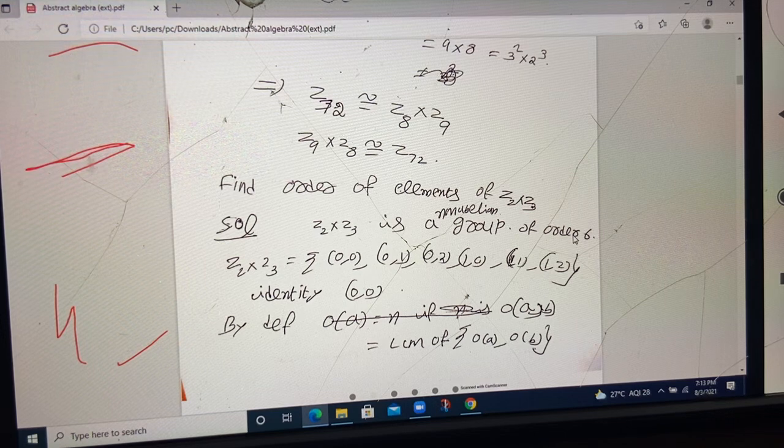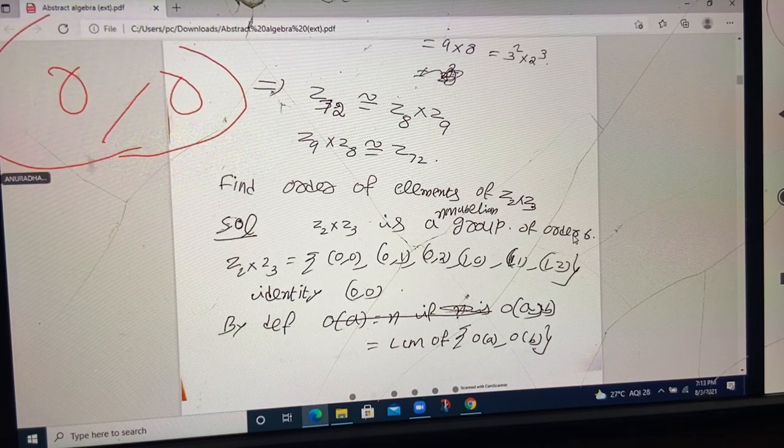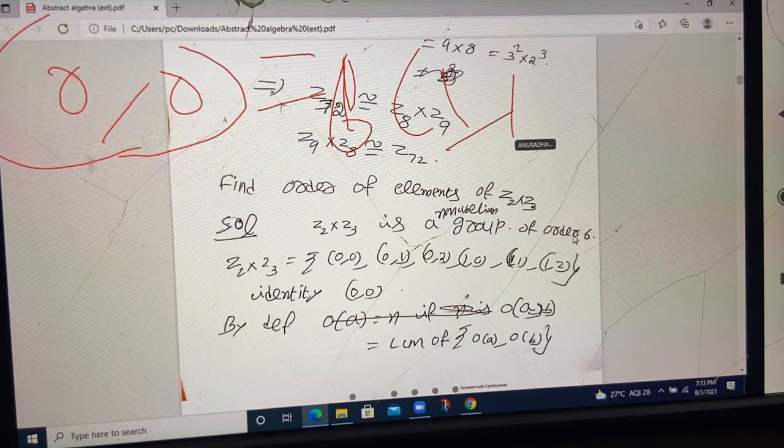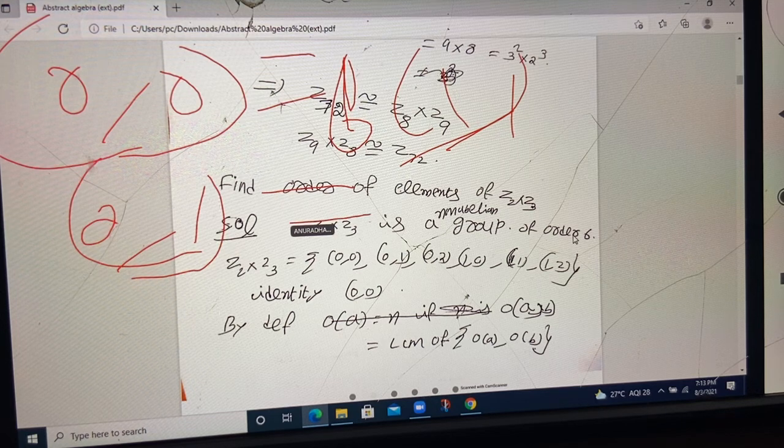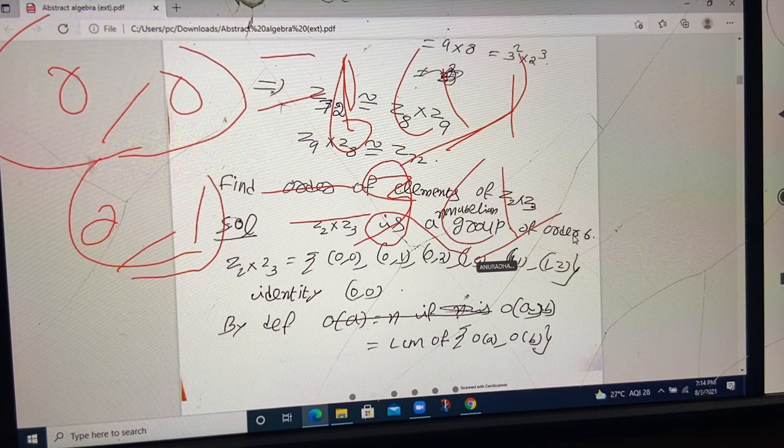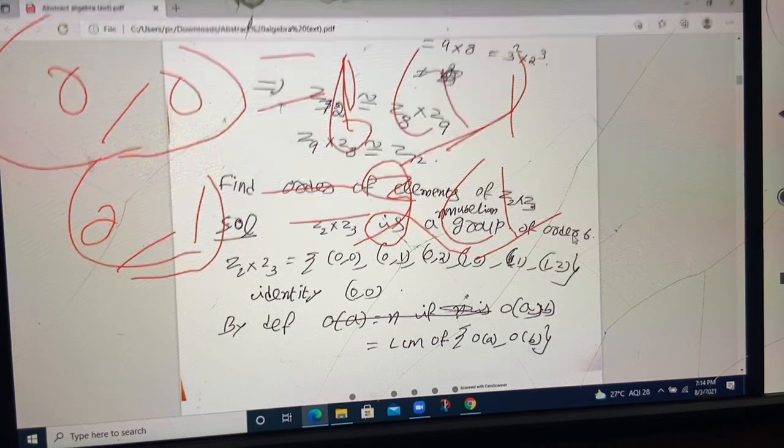Is it clear now? Original definition. So we are able to write every element of Z_m cross Z_n, that is (0,0), as 6 into (1,1). We could write (0,1) as 4 into (1,1).